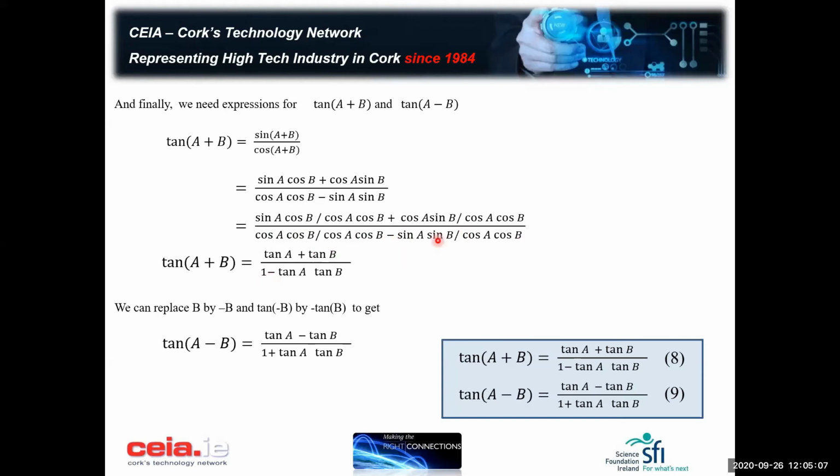And over here, you get a sine A over a cosine A, a sine B over a cosine B. So that's tan A times tan B. And finally, if you replace B by minus B, then tan of minus B is minus tan of B. So this formula changes to this formula where we've flipped the sign top and bottom. And those are the compound angle formulas of tan A plus B and tan A minus B.